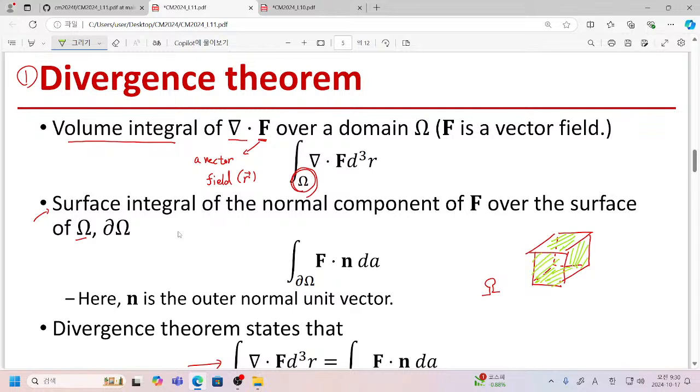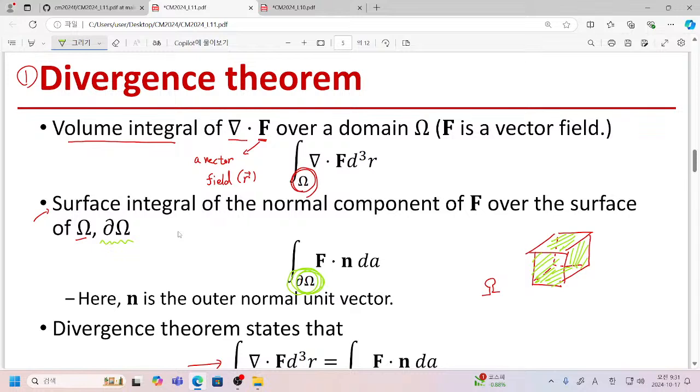You can imagine a set of 6 small rectangles, and that will correspond to the boundary of omega. Once you understand this, on that closed surface, you can also consider the integration of this quantity.